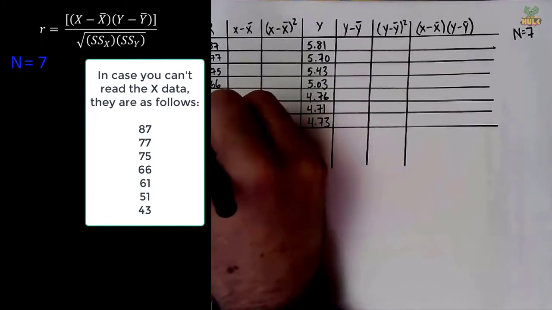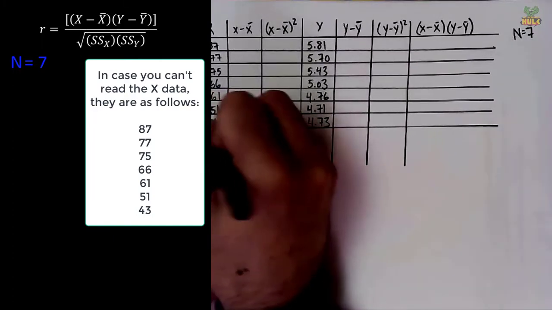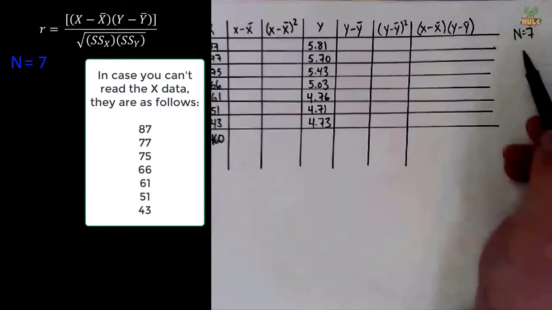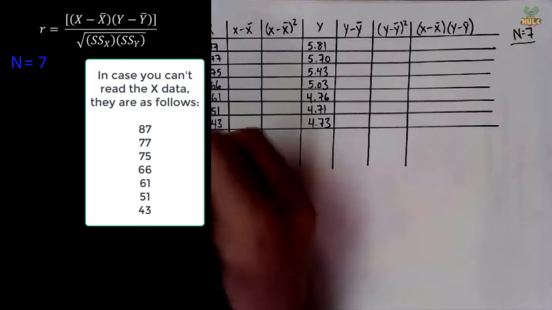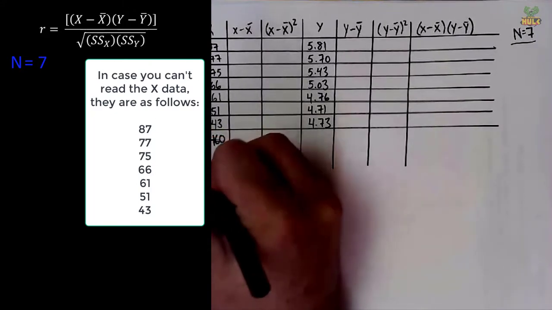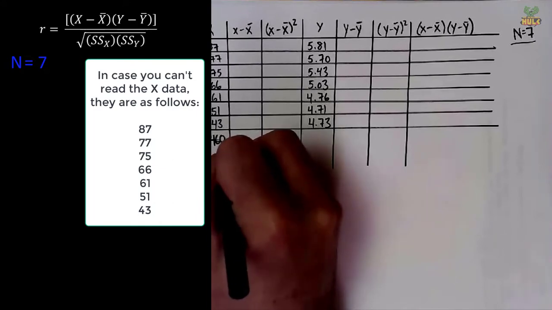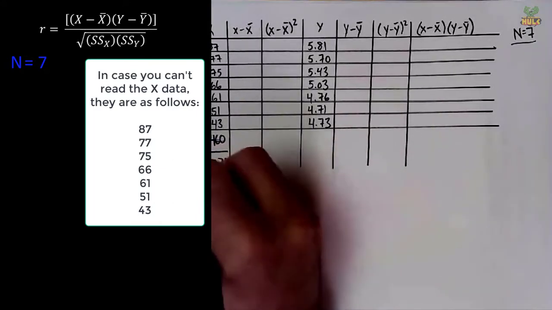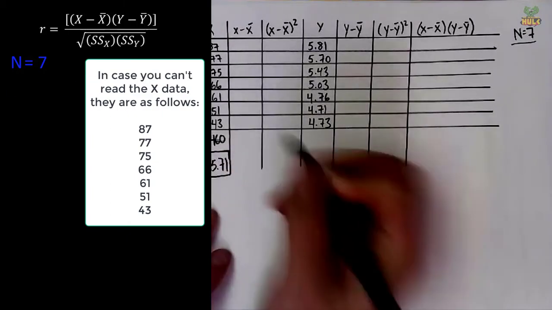I want you guys to be able to really see these lines. All right, 460. Now, I told you that there was a sample size of 7, right? So 460 divided by 7, our X bar is equal to 65.71. All right, so I'm going to draw a little box around that because that's an important number.